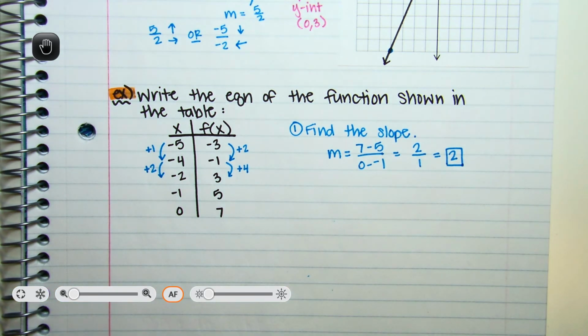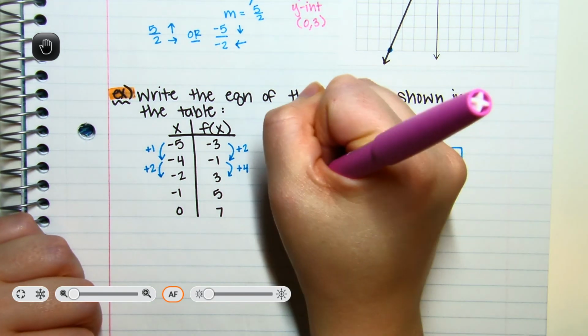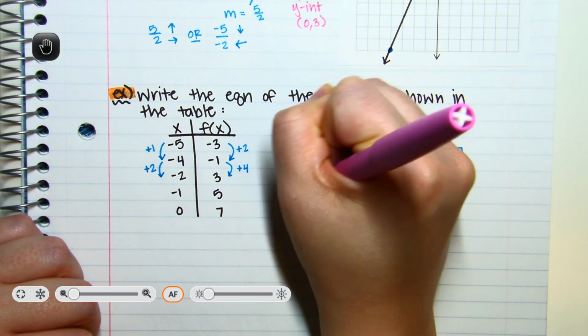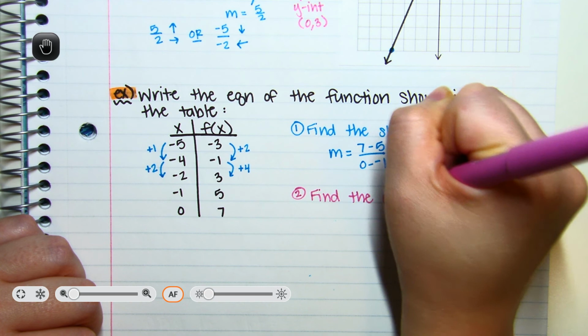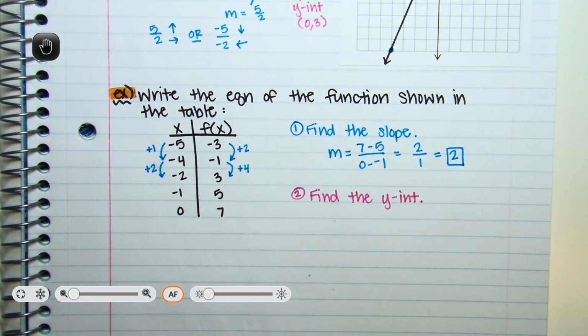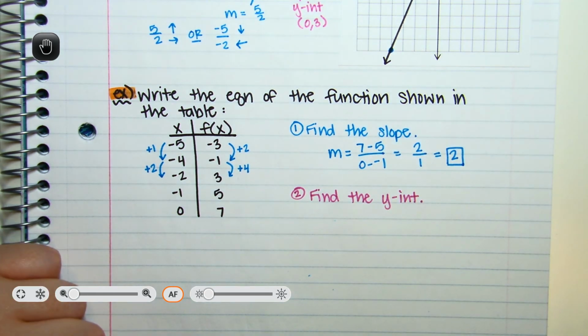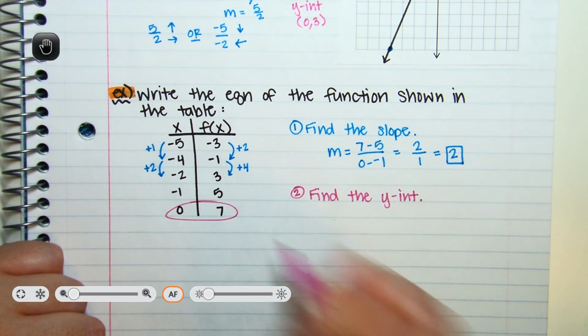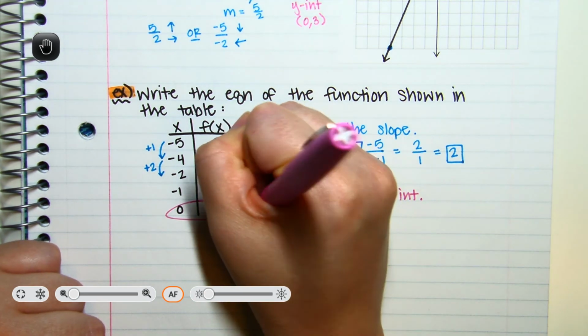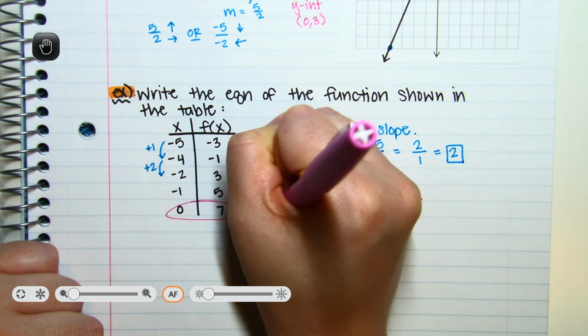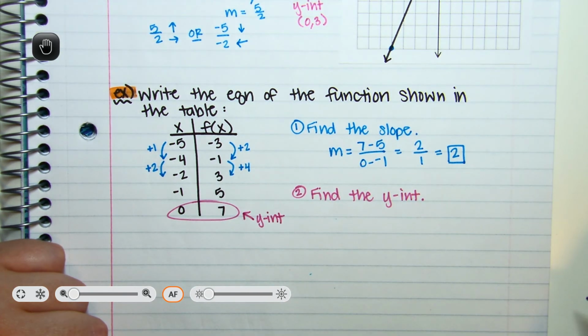Step 2, find the y-intercept. Now remember, this is when x equals 0, which is super convenient because it's given to us in the equation. We didn't have to do a thing.